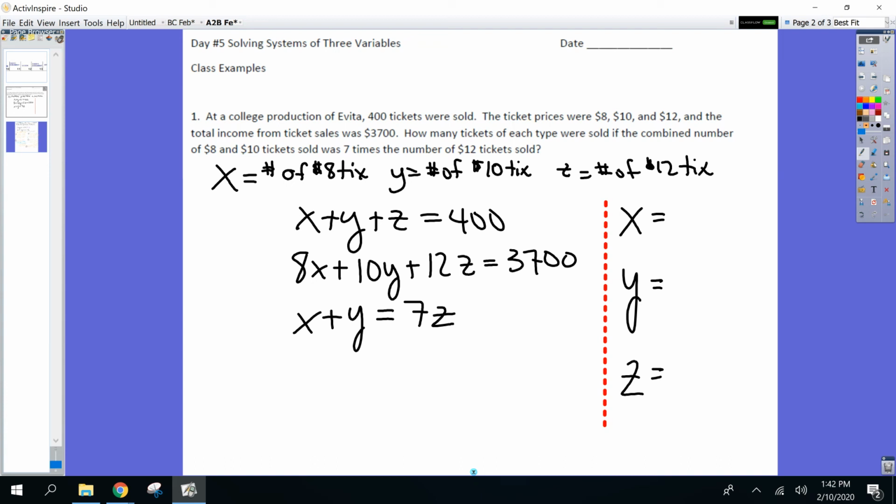That's impossible. Neatness, organization.